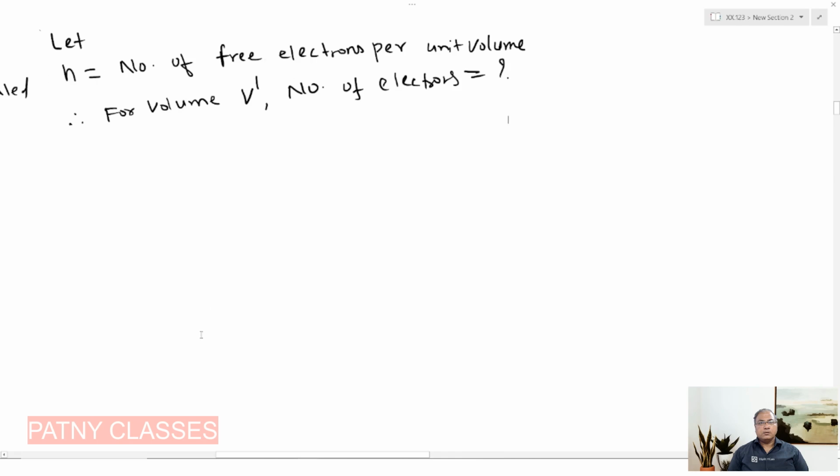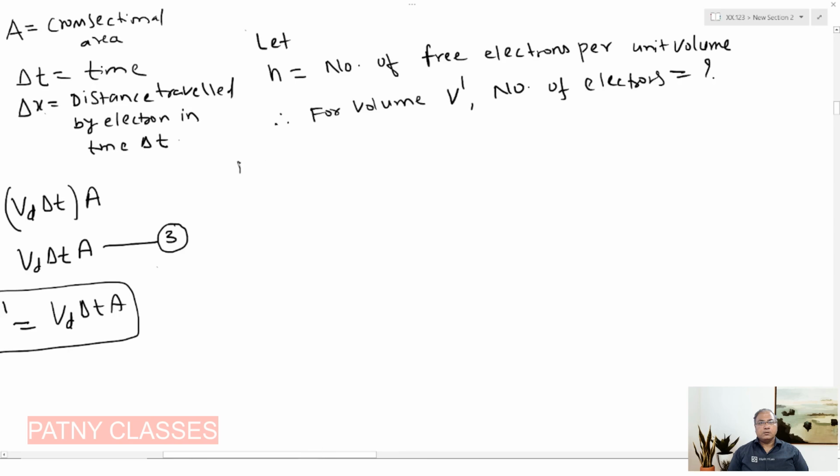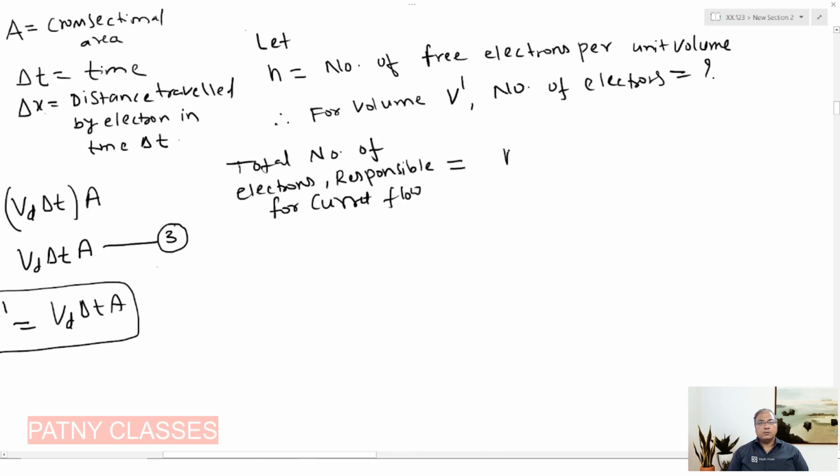The total number of electrons responsible for current flow equals N into Vd into delta t into A. So let the total number of electrons N dash equal N into Vd into delta t into A.